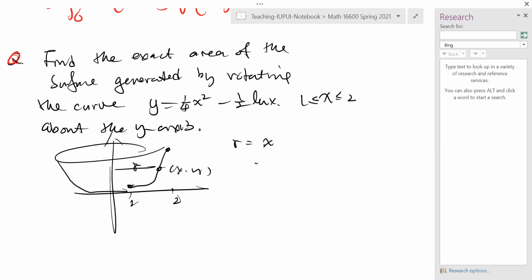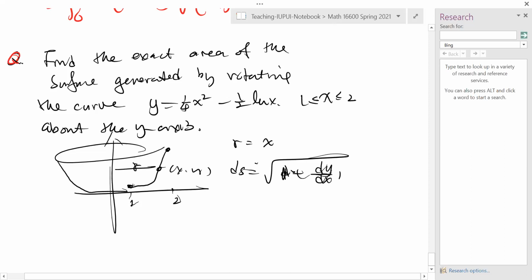Then you have to decide which variable you're going to use. I'm going to use x. So ds is going to be the square root of 1 plus (dy/dx) squared. Then I'm done, right?